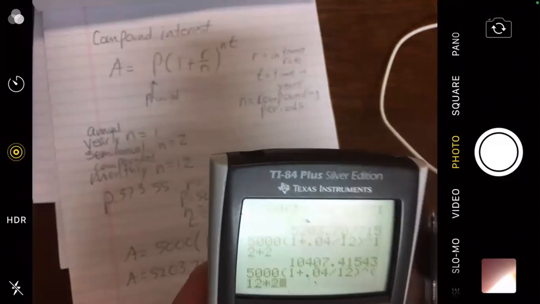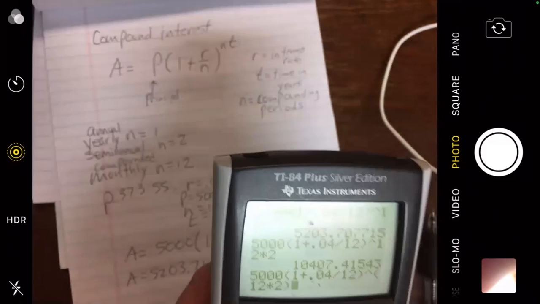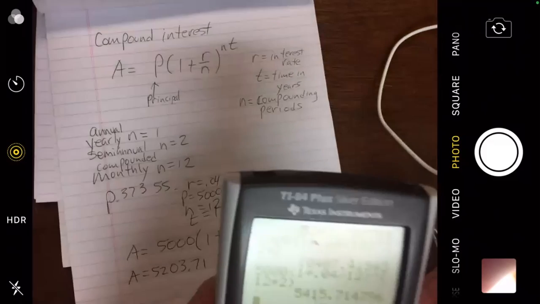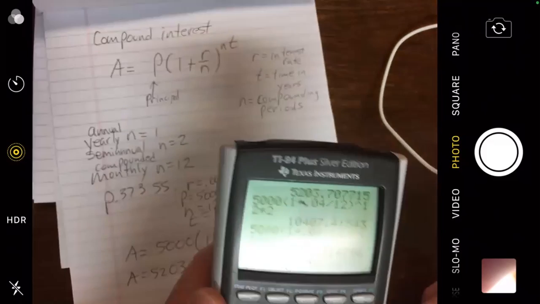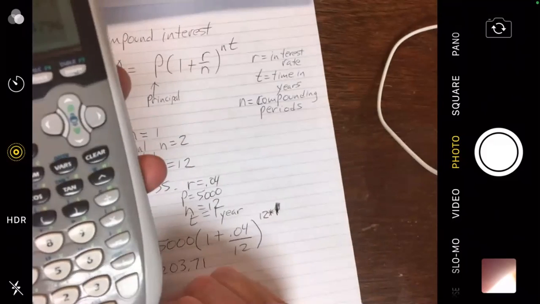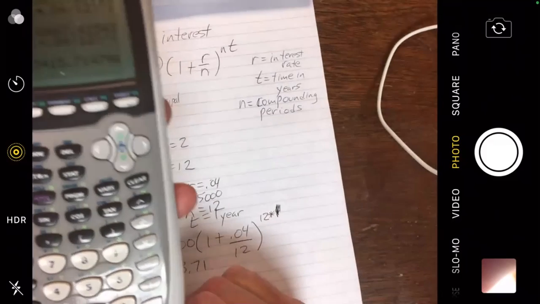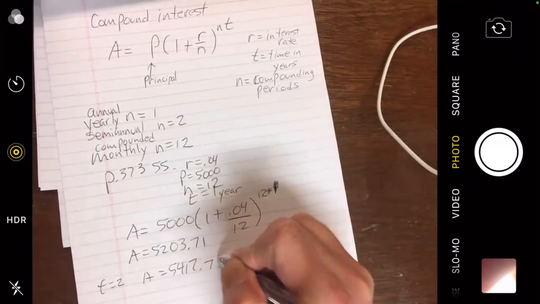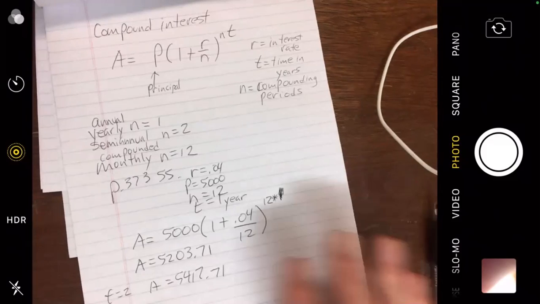Well, I mean, it's a little bit shady, but you know. Yeah. Okay, so turn down that extra $5,000. That's right, 5,415.71. That's a little more reasonable. So for T equals 2, it's 5,417.71. Yeah.